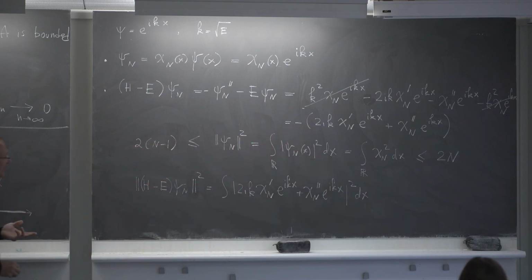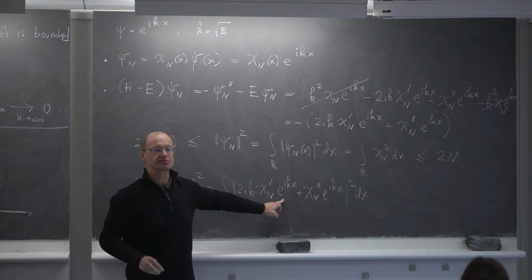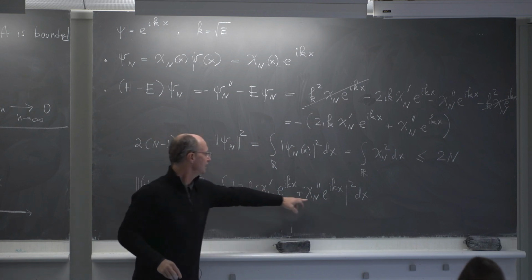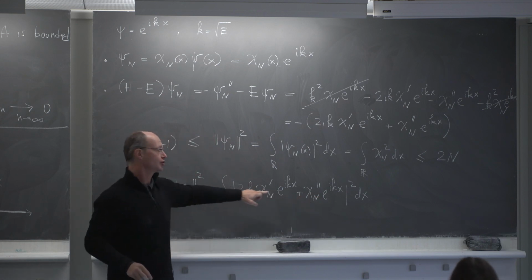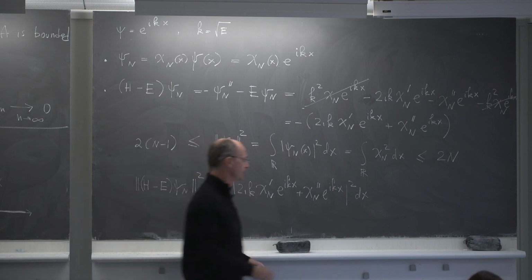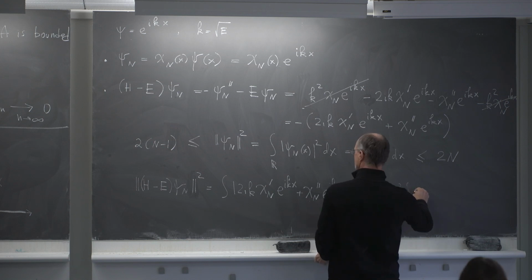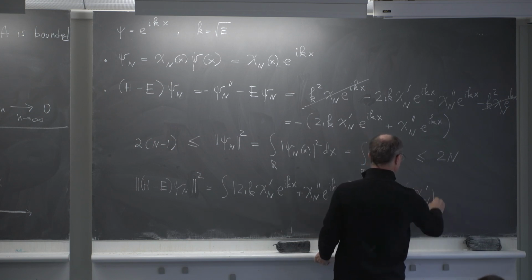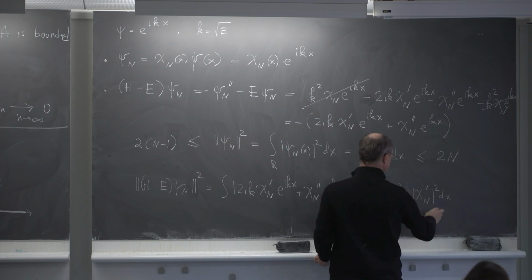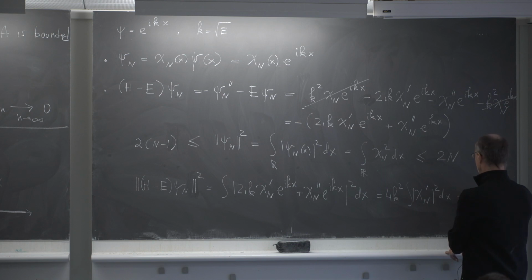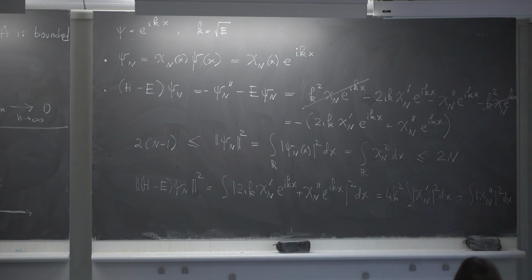Now it's actually kind of nice. Again, the phases will disappear, right? Because it's a common phase. It goes away. And this is the real part, and that's the imaginary part of this expression. So this is equal to 4k squared, the L2 norm of chi n prime squared, plus the L2 norm of chi n double prime squared.